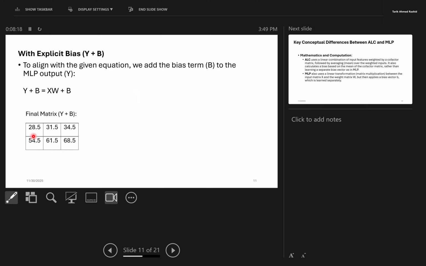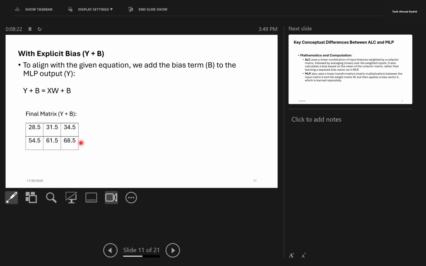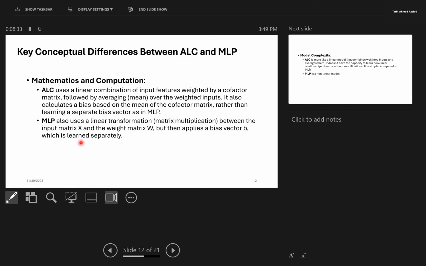We're adding 7.5 to this matrix. So that's the result of MLP, which has a different calculation, while ALC has a simpler calculation operation. Now, the mathematical differences between ALC and MLP: ALC uses a linear combination of input features weighted by a cofactor matrix.